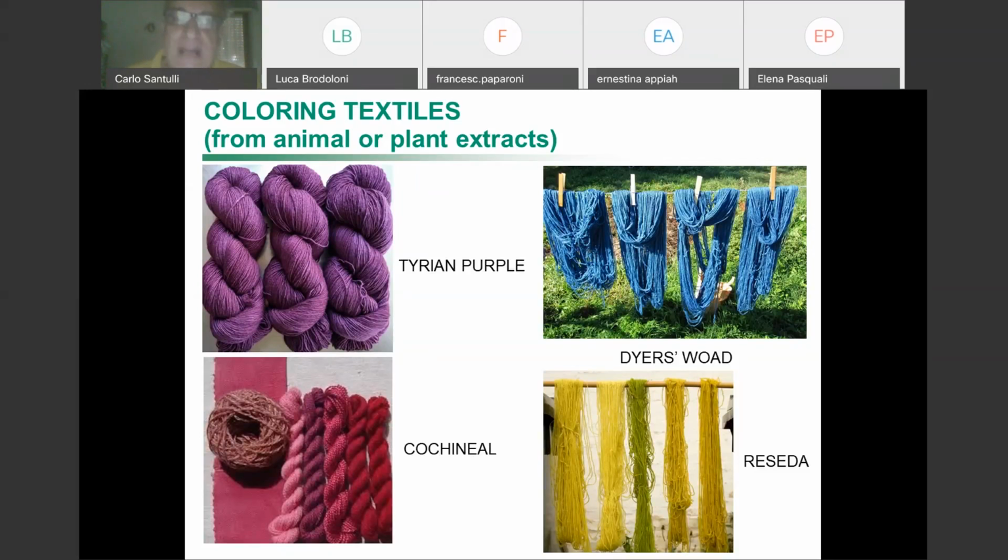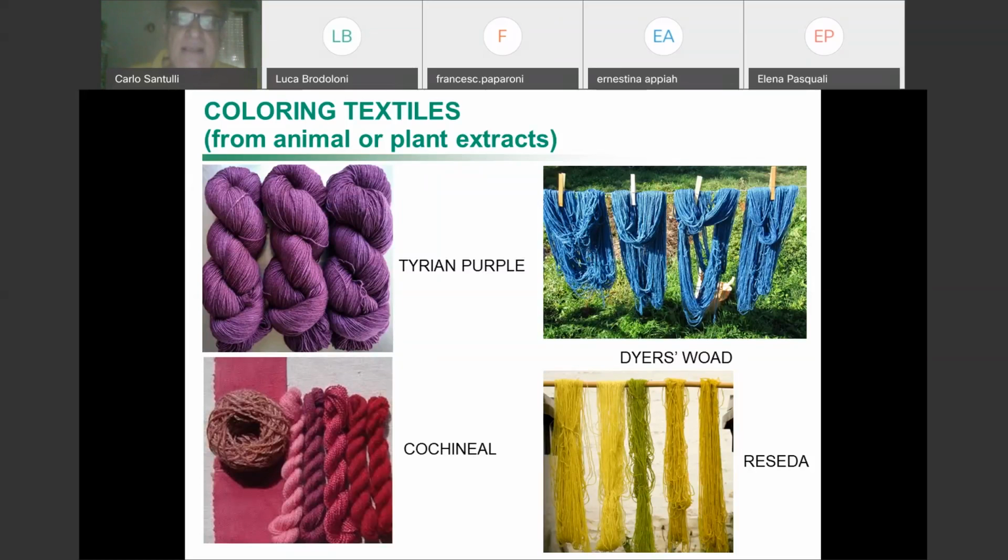Silk was to come, and they had some fibers which were already starting to be used, like linen and hemp. But with very different characteristics from the textiles that we know now.